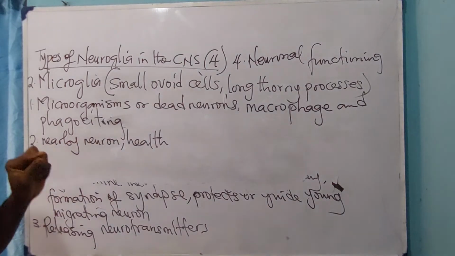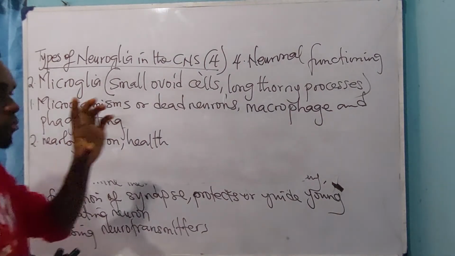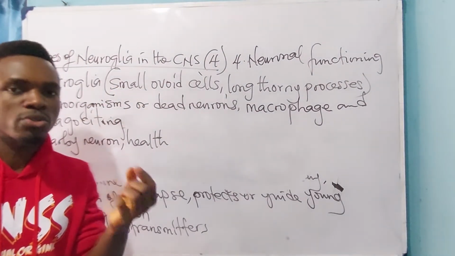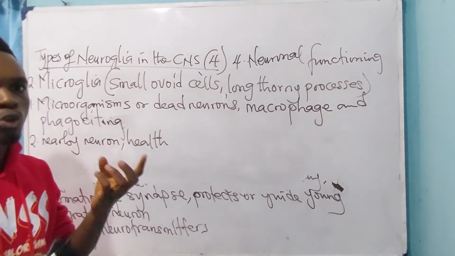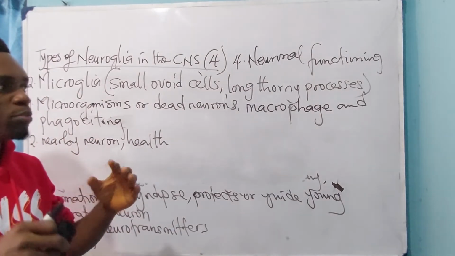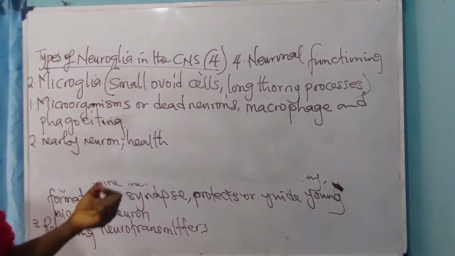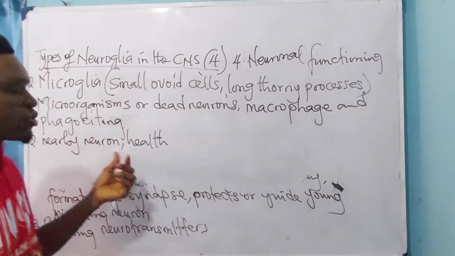And whenever they sense injured neurons or similar troubles, what will they do? They will bring themselves together and migrate or move towards such injured neurons or any similar trouble that has to do with the neurons.